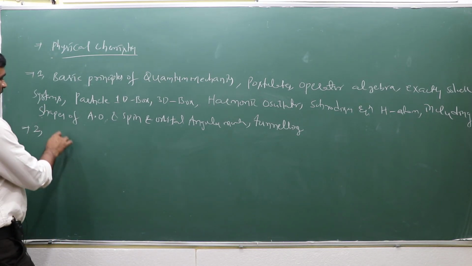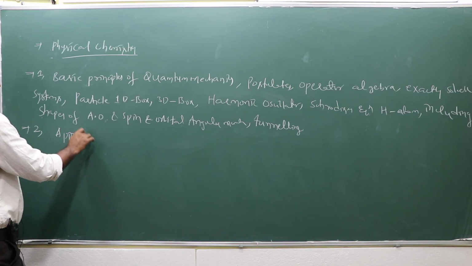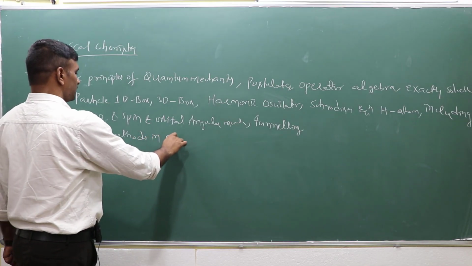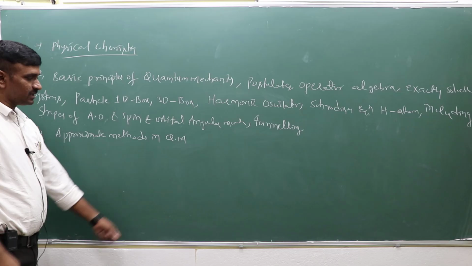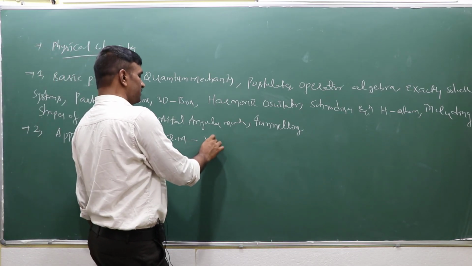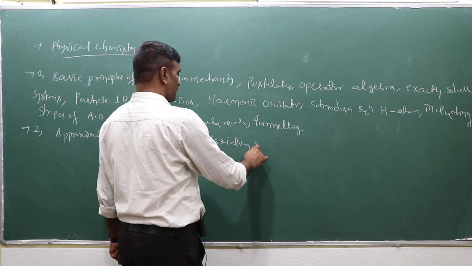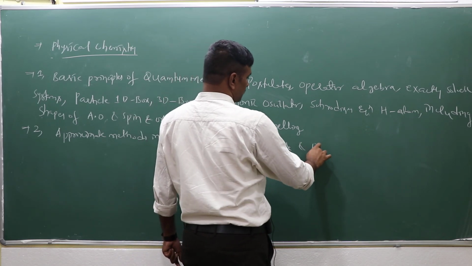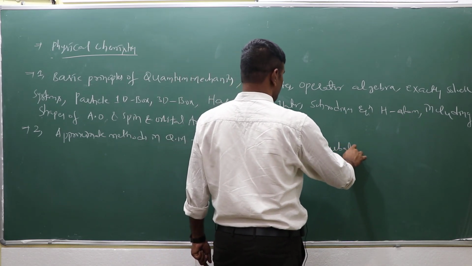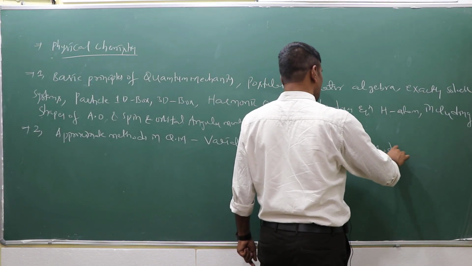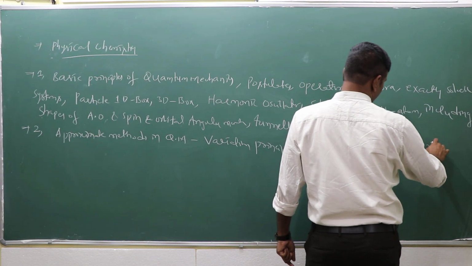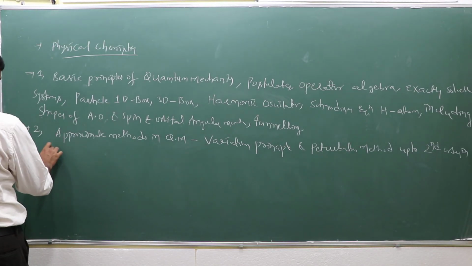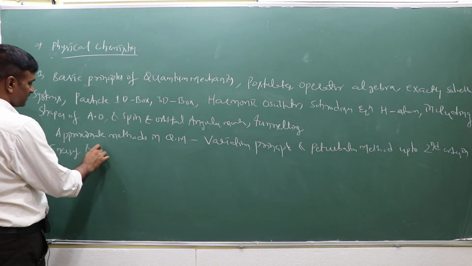approximate methods in quantum mechanics: the variation principle or variation method, and the perturbation method up to second order in energy and its applications.